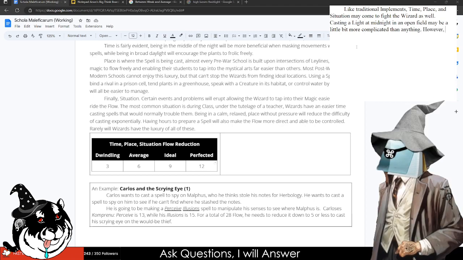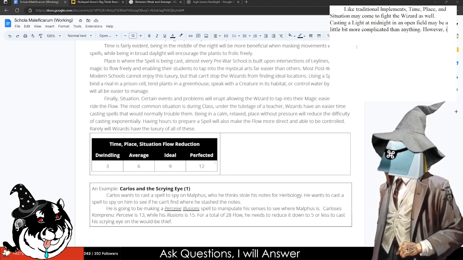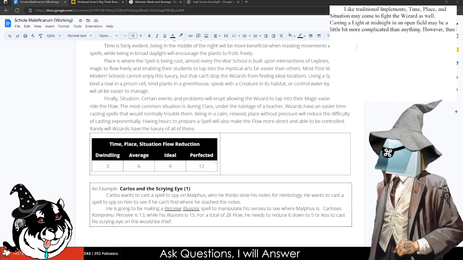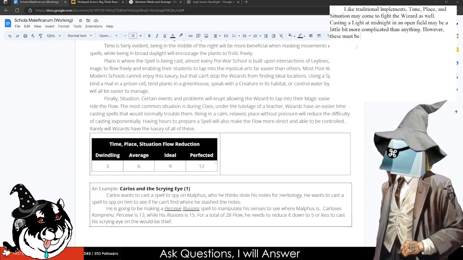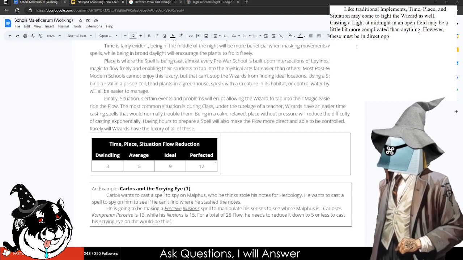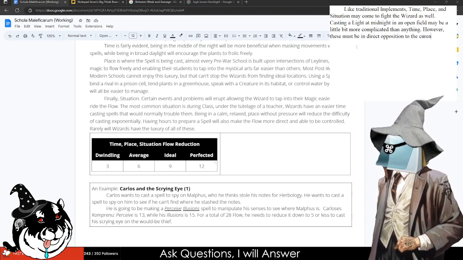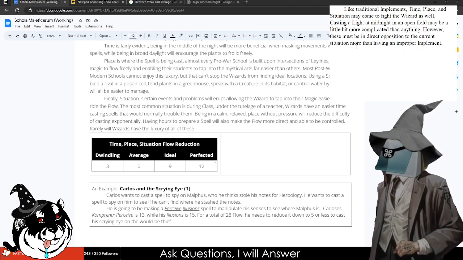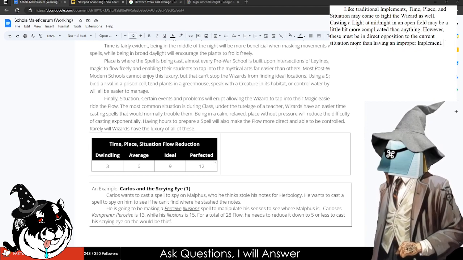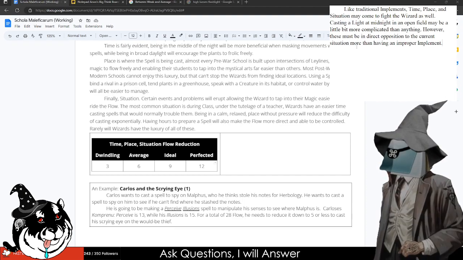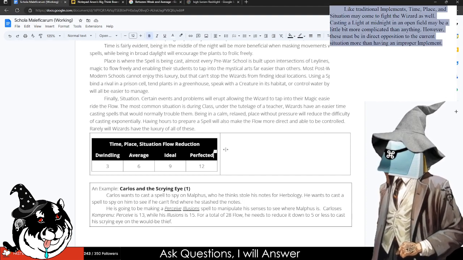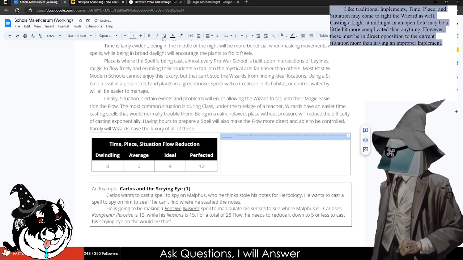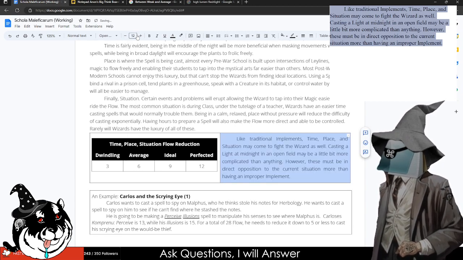However, these must be in direct opposition to the current situation, more than having an improper implement. There we go.